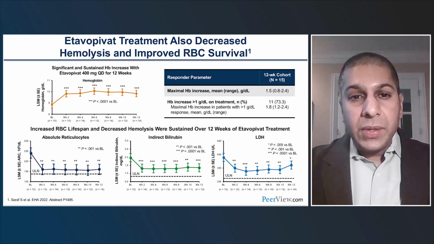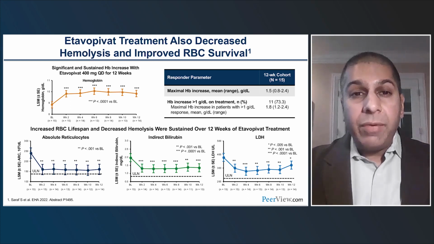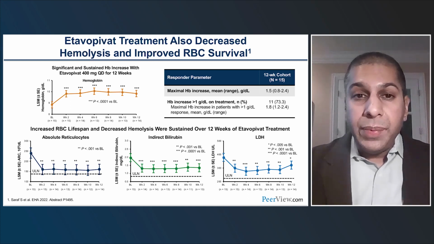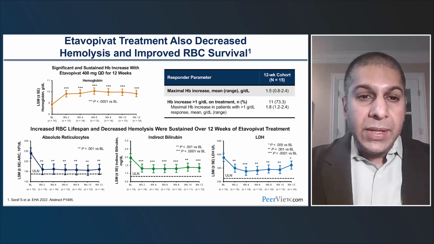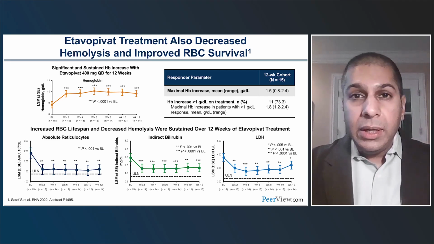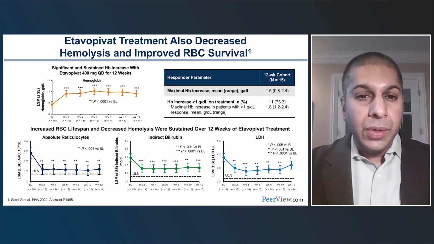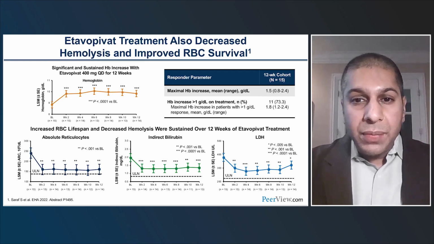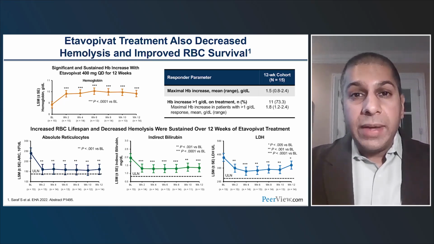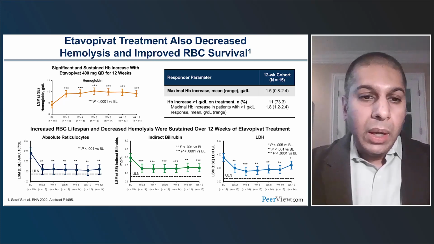In patients with sickle cell disease, etavopivat also led to improvements in hemoglobin concentration. As shown in the first figure, patients had an improvement in hemoglobin, sustained during the 12-week treatment period, with a maximum hemoglobin increase of 1.5 grams, and 11 patients, or 73%, achieving a hemoglobin improvement of more than 1 gram.